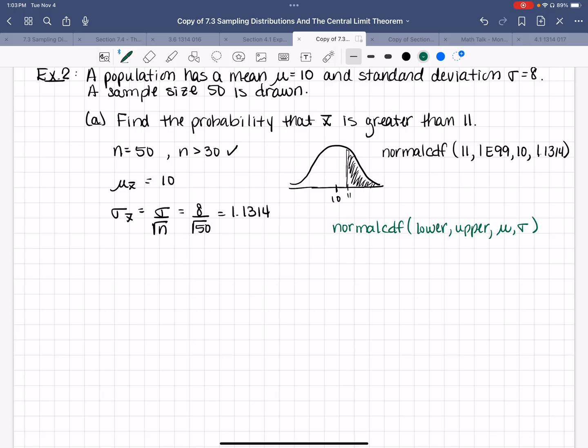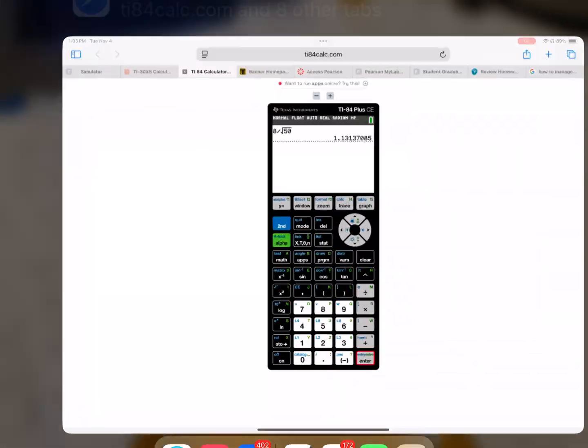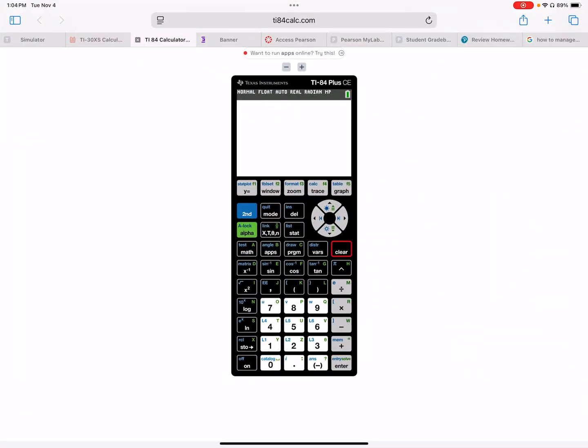Okay, so I'm going to go back to my calculator, and remember that is second vars. We're going to pick 2, normal CDF. My lower here is going to be 11. My upper is going to be 1 second comma, that gives me my E99.